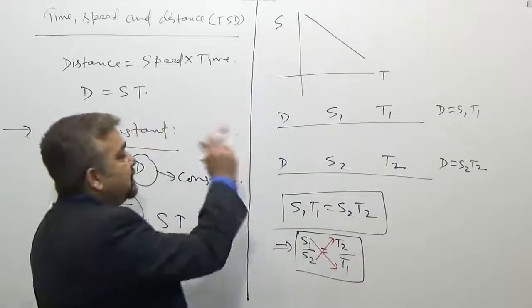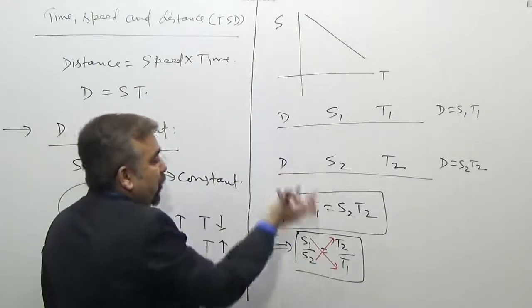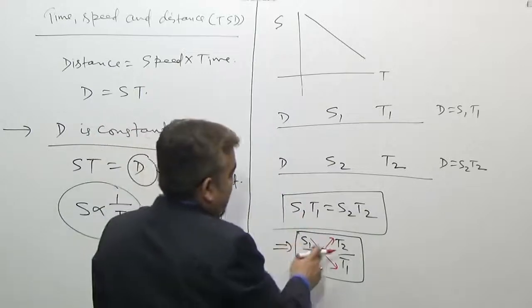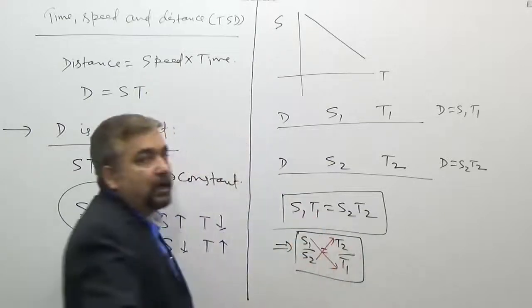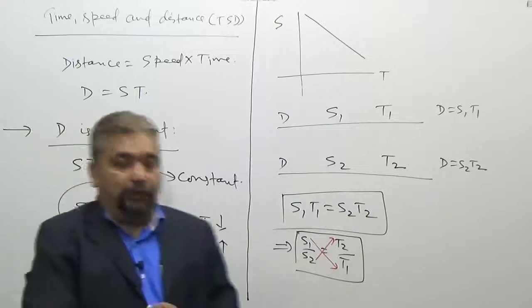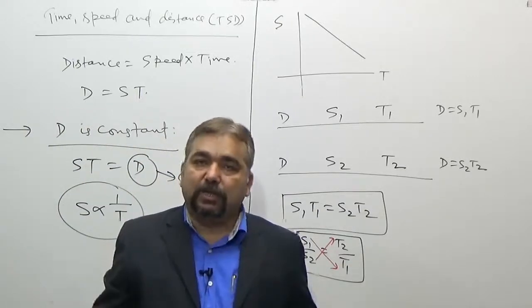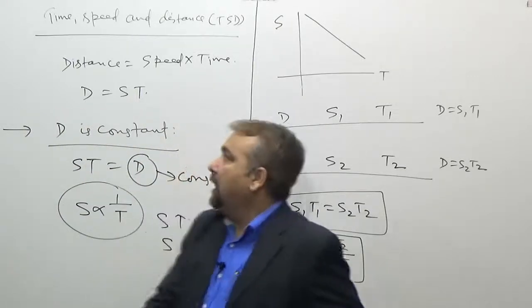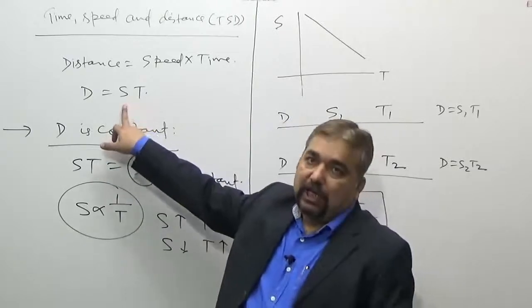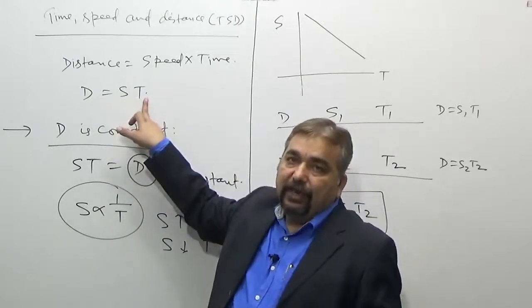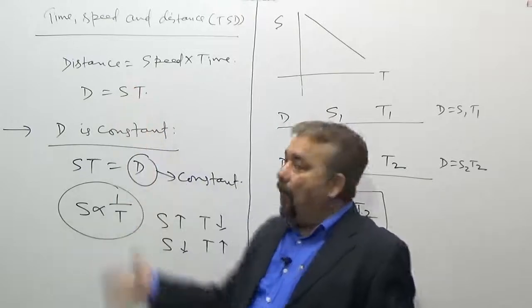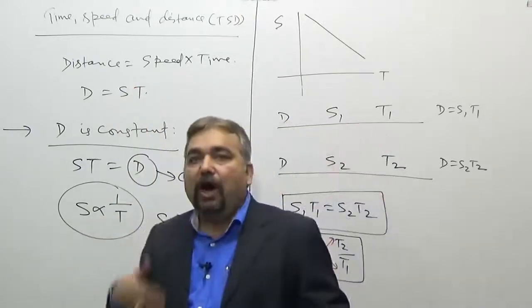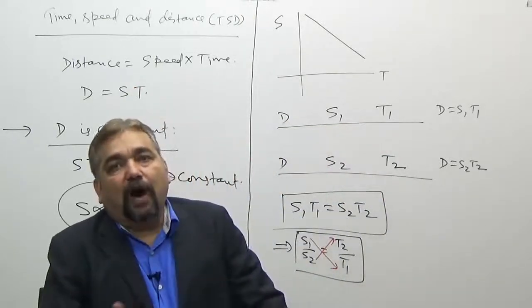So when distance covered is the same, or you can say constant, ratio of speed equals inverse ratio of time. So I have discussed the three ratios, and that is based on this equation, given that one of these three variables is constant. Now how these ratios are used in questions, now I am discussing.